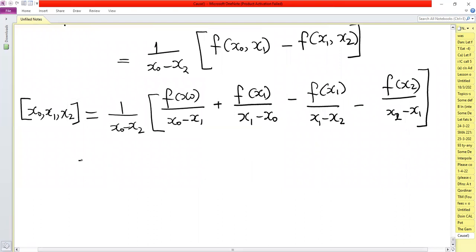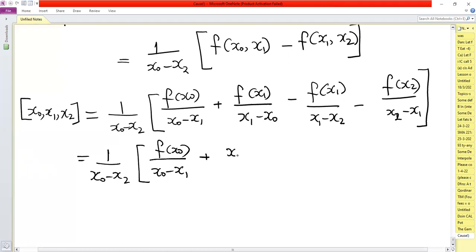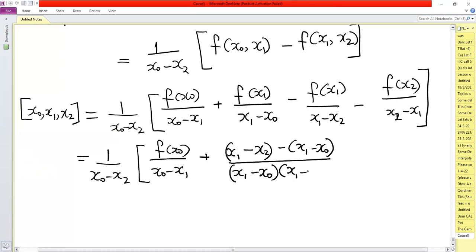So this can as well be written as 1 over x0 minus x2 into f of x0 divided by x0 minus x1 plus f of x1 divided by x1 minus x0, minus f of x1 divided by x1 minus x2 minus f of x2 divided by x2 minus x1.